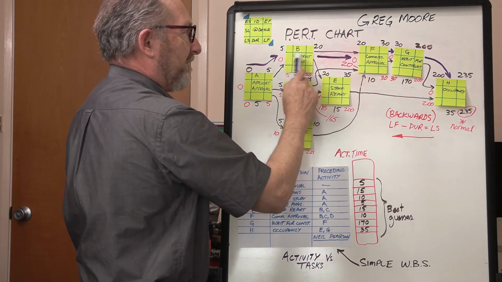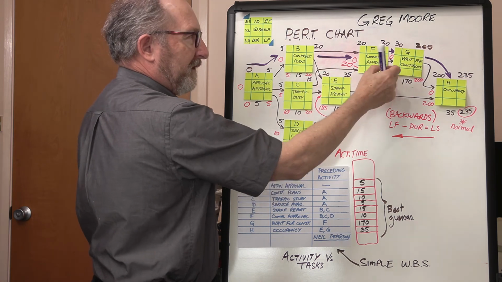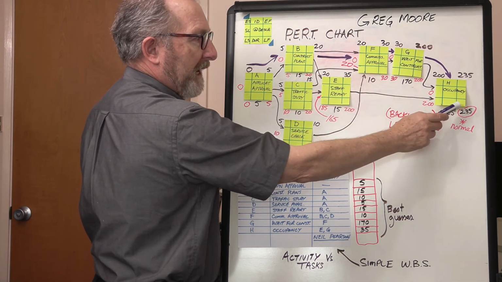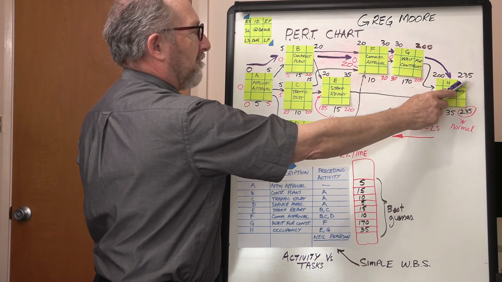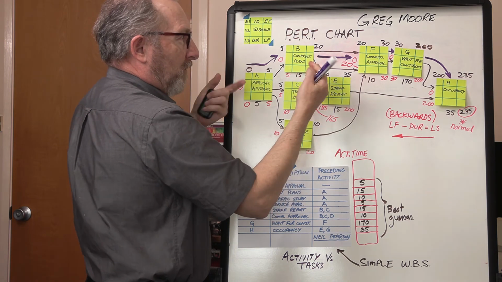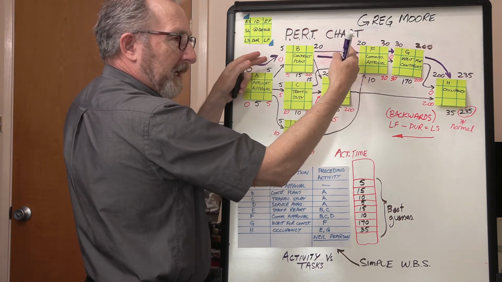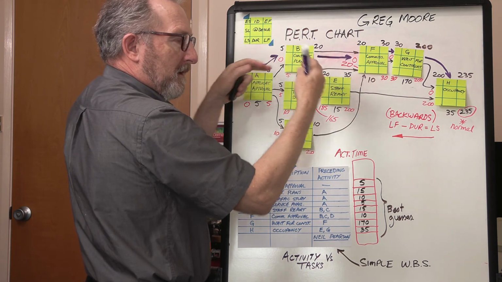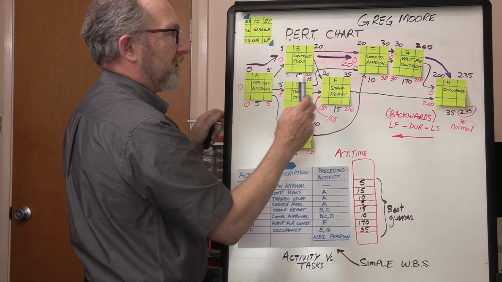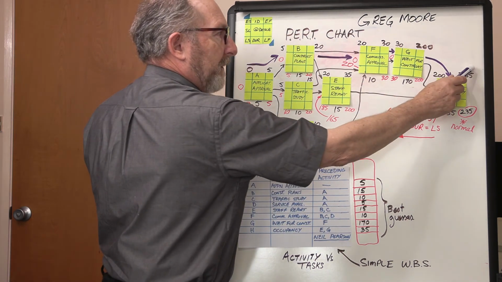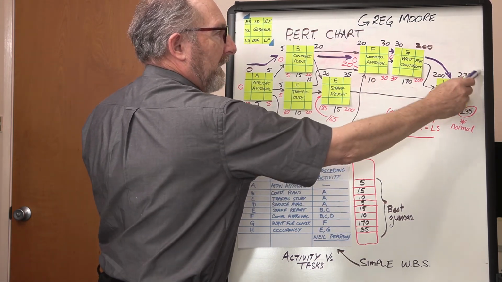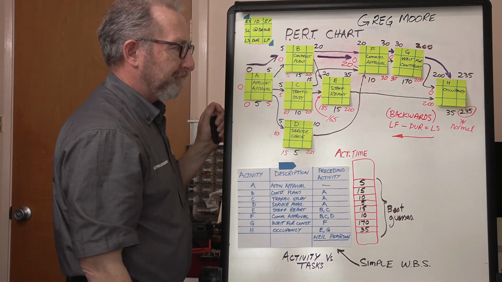If any one of these extends in value, that's going to change my end time. My earliest finish would then be extended. Likewise, if any of these are done in a shorter time, because we only use best guesstimates here for the durations, that's going to be the path that affects the final timing for the project.